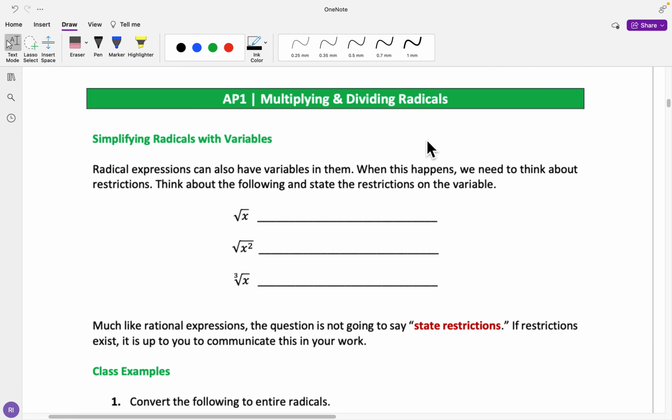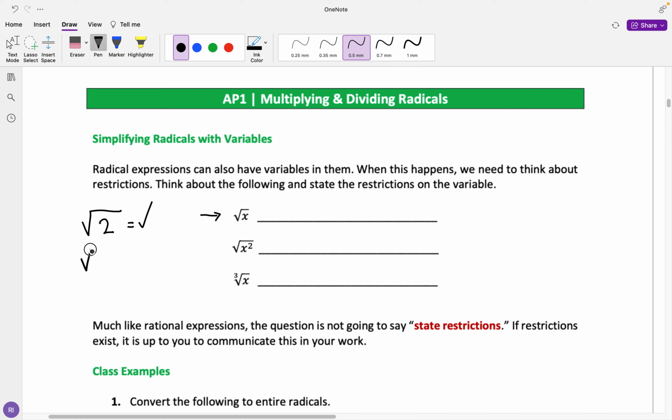So, multiplying and dividing radicals. Here we're starting off with something that we've already looked at a little bit before, when you're looking at a radical with a variable inside of it, the variable could be anything. If it was something positive, like the square root of 2, then you are able to do that because you can square root positive numbers.